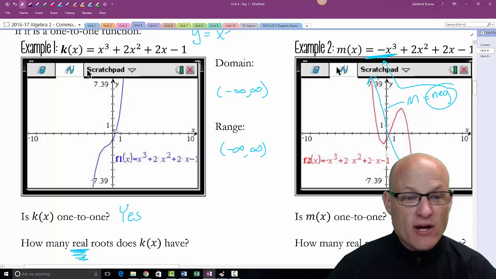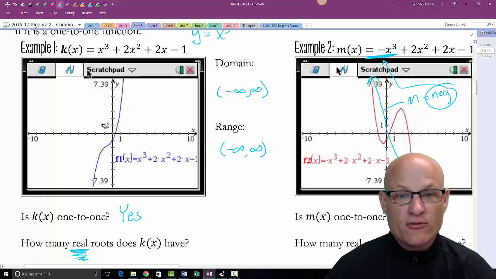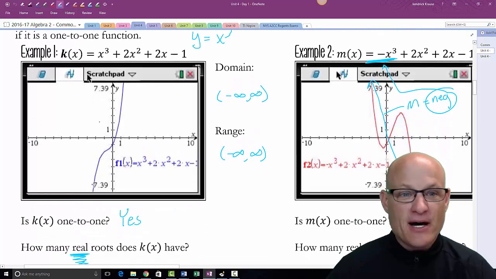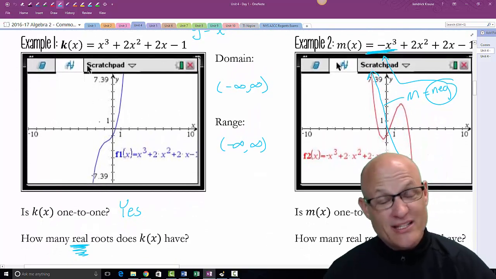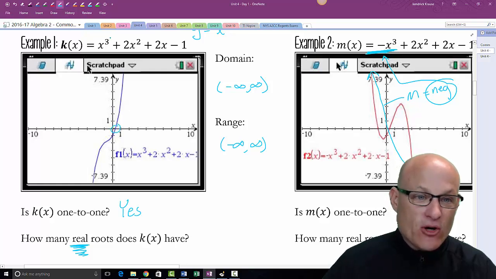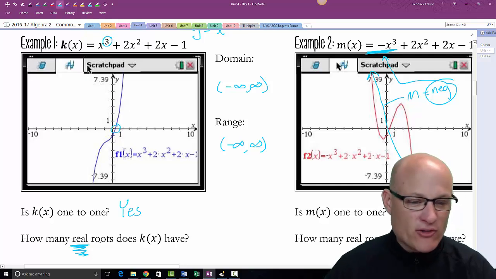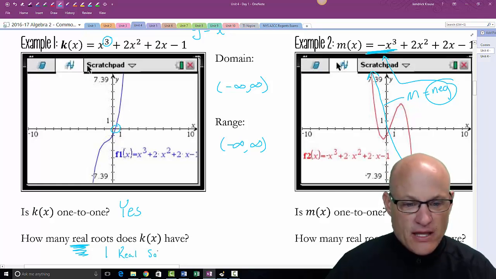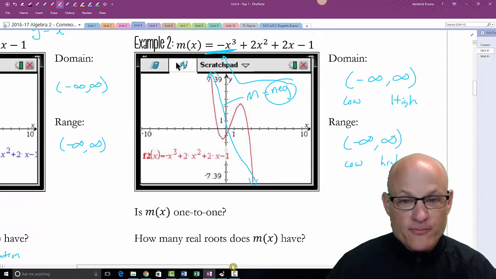I told you the number of roots equals the degree of the polynomial, but that accounts for real and imaginary. In this case, based on the graph, there's only one solution. Even though it will have a maximum of 3, that means 2 of them are imaginary. So it has one real solution, and then it would have 2 imaginary solutions.